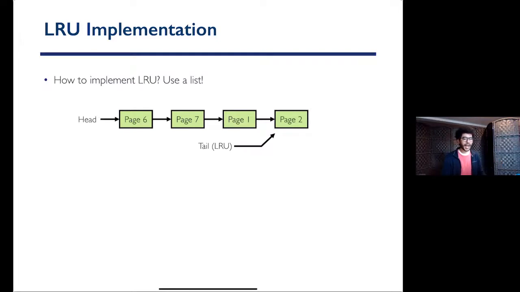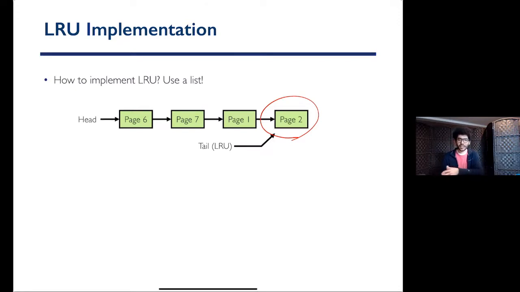Every time I access a page, I bring it to the head of the queue. And every time I want to evict, I will evict the last page in my list. So this would be a potential implementation. But this works if I get notified every time a page is accessed.